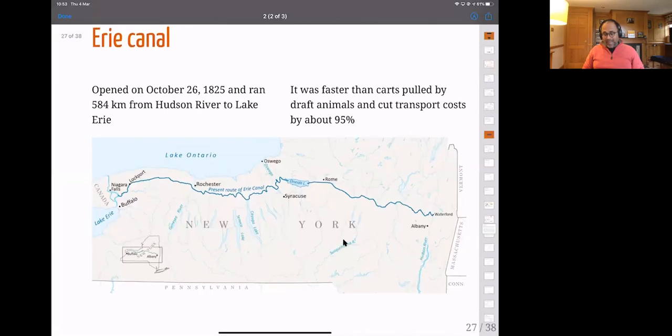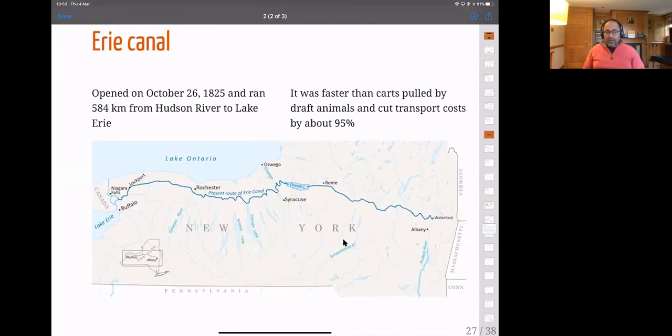So one great example of that is the Erie Canal, which opened on 26th October 1825, and it ran 584 kilometers from Hudson River to Lake Erie. If you know the map of United States, it connected the eastern bit of United States to Lake Ontario.